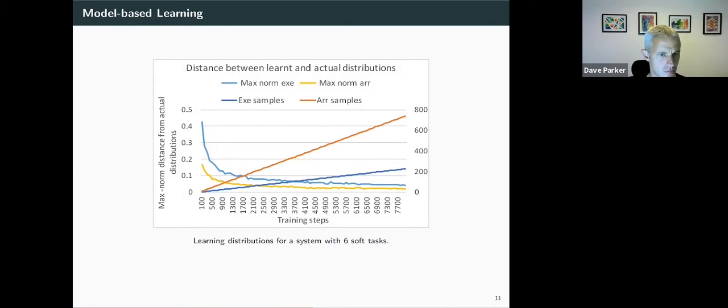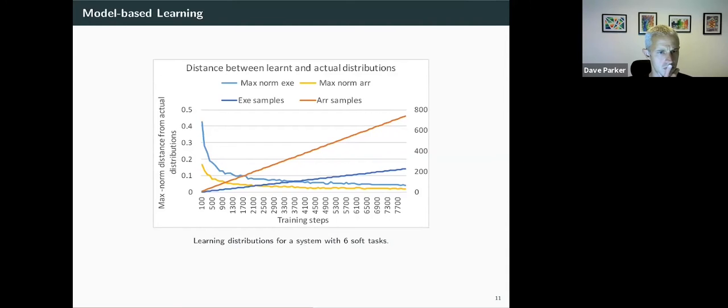Indeed, in our experiment, the distribution of a task system with soft tasks can be learned efficiently with a small number of samples. Here, EXC and ARR refer to the distributions of the computation times and the interarrival times respectively. The x-axis is the number of time steps over which the system is executed. The y-axis on the right corresponds to the number of samples collected over a duration of time when the system executes.